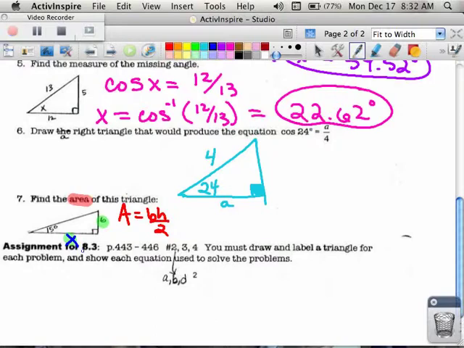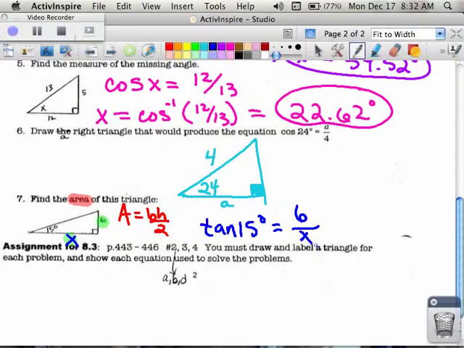So opposite and adjacent means I need to be talking about tangent. Opposite and adjacent on the previous page, in case you forgot. So the tangent of my 15-degree angle is equal to the opposite over my adjacent. Tangent is the only trig function that does not use the hypotenuse, by the way.